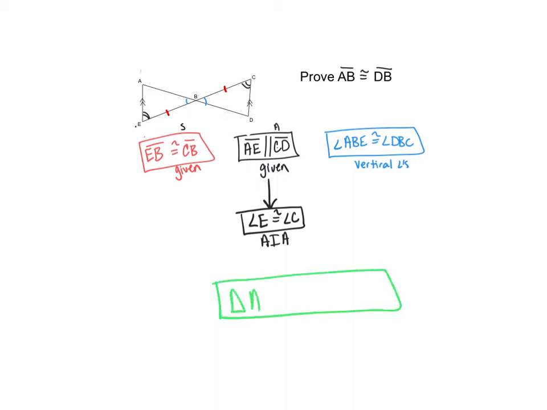I'm going to say triangle ABE is congruent to triangle DBC. And I got that conclusion from this piece of information, this angle pair, and this side. And that was the angle side angle congruency theorem.